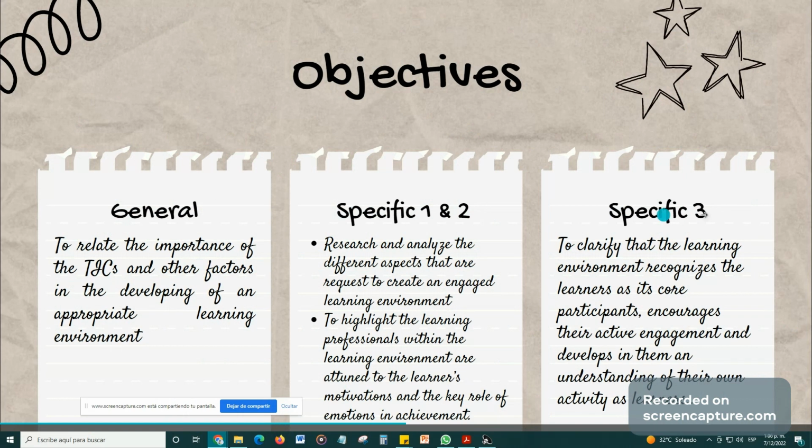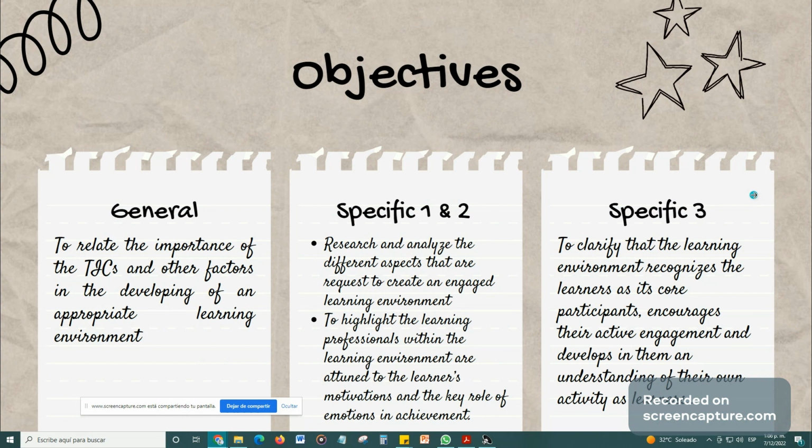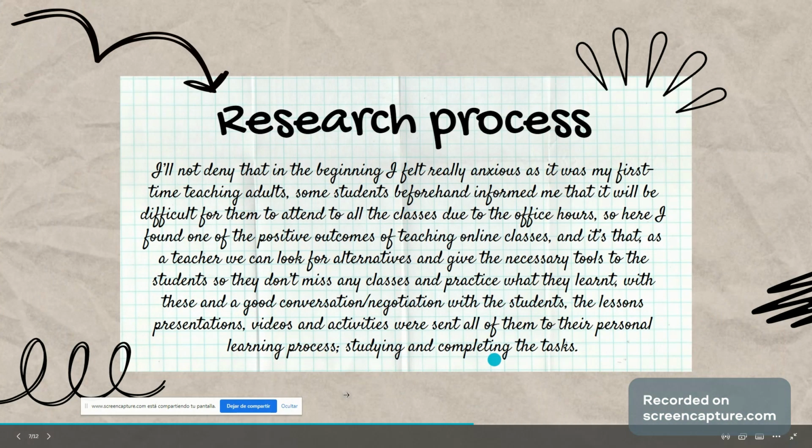And a specific three is to clarify that the learning environment recognizes the learners as its core participants, encourages their active engagement, and develops in them an understanding of their own activity as learners.